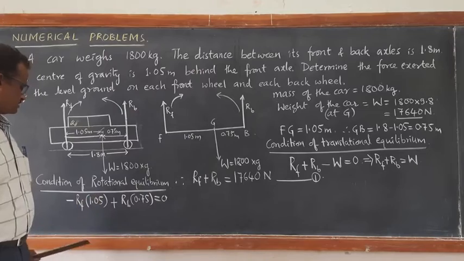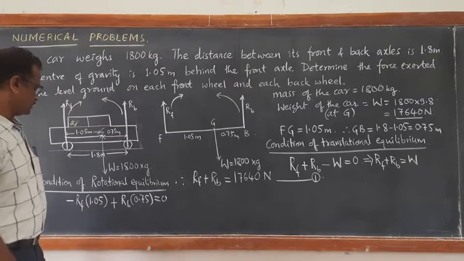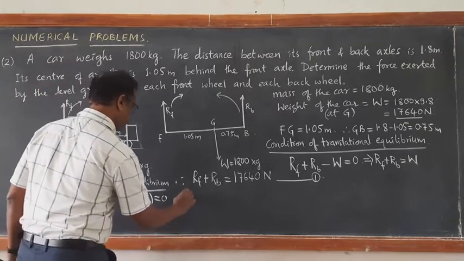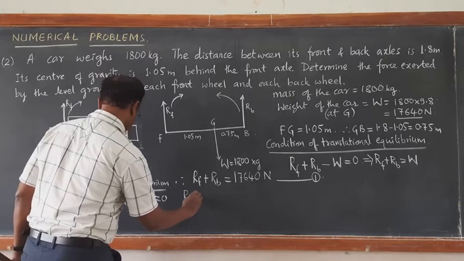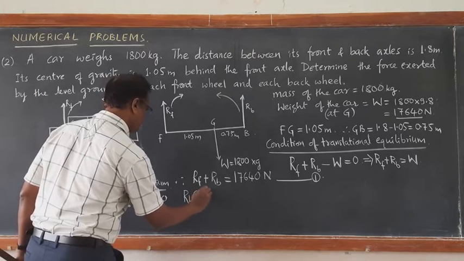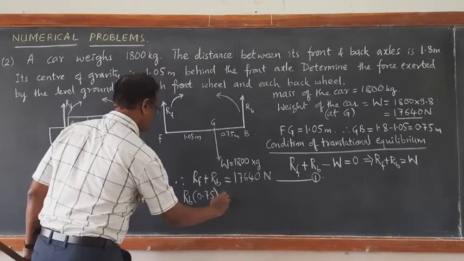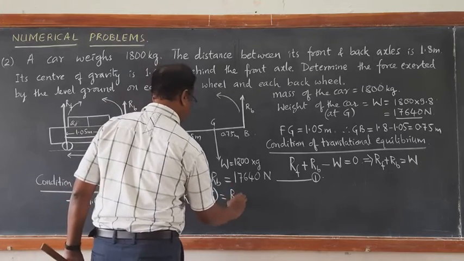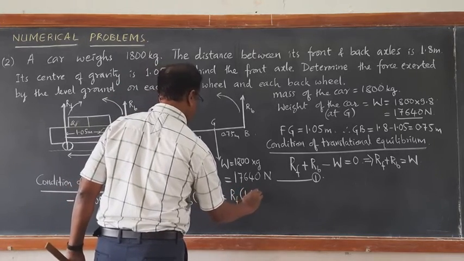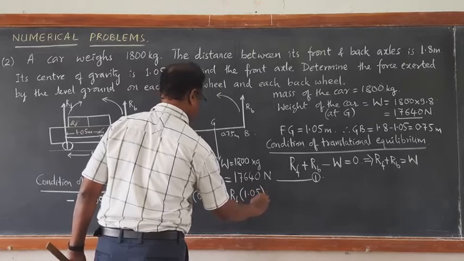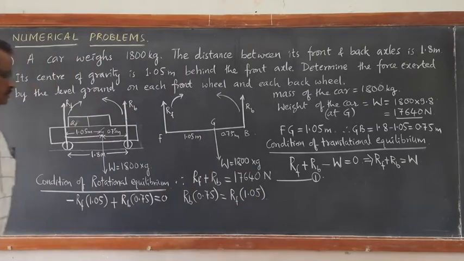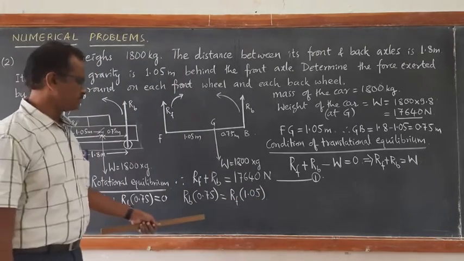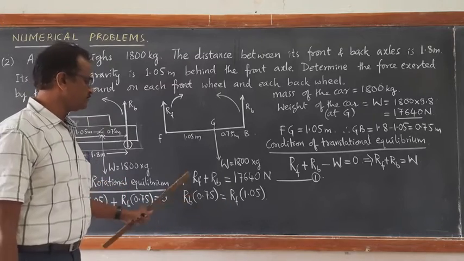Now simplify this. After simplification, you get RB into 0.75 is equal to RF into 1.05. Now this has to be simplified.